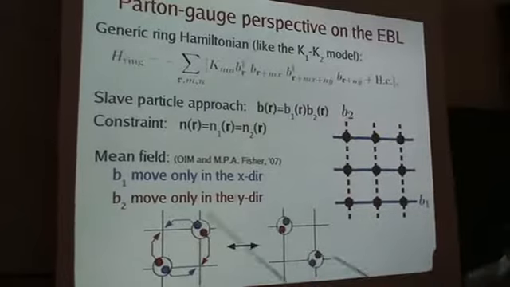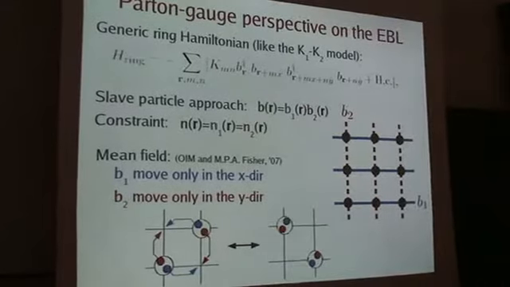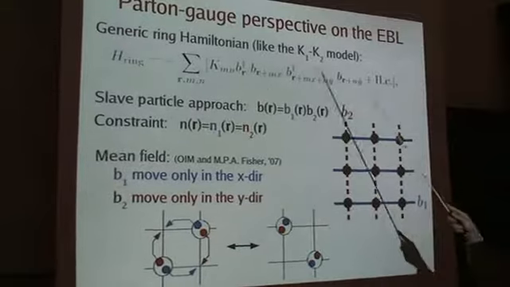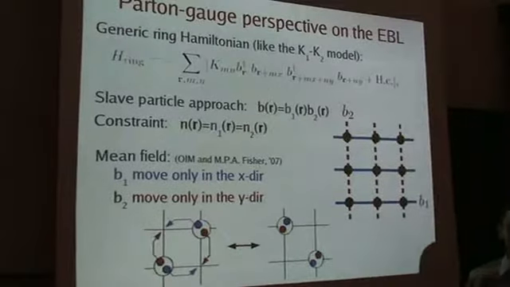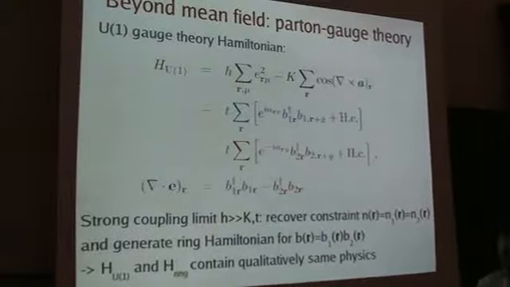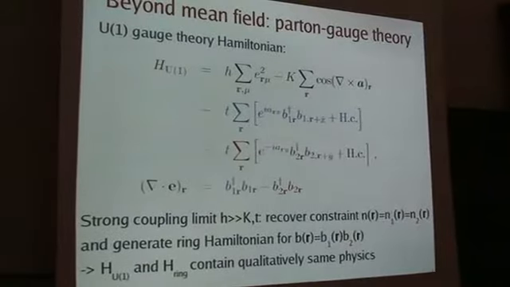Okay? And I can also give a mean field type justification that these ring terms have large negative energy in such mean field. So when going beyond mean field, we know in slave particle theories we get gauge theories.